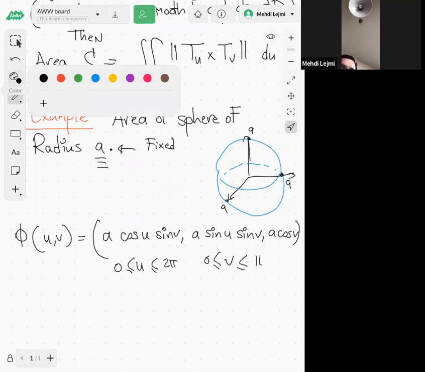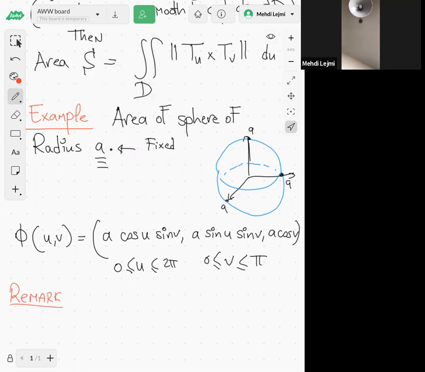As I said, we need this parameterization phi to be one-to-one and smooth. And as I discussed last week, there's a problem when v is 0 and v is pi. But 0 and pi are the boundary of the interval here, right?